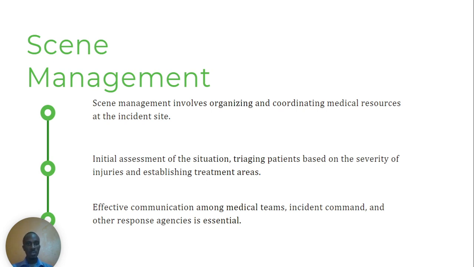So initial assessment of the situation, triaging patients based on the severity of injuries, and establishing treatment areas. Whenever a disaster has struck, you should be able to assess the situation and triage these patients in terms of the severity of their conditions.